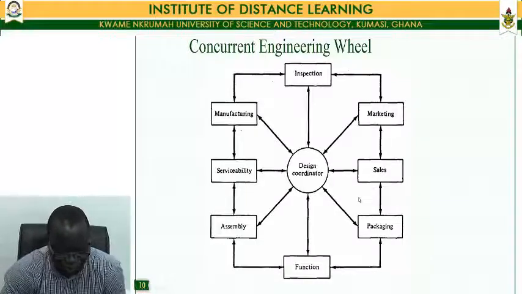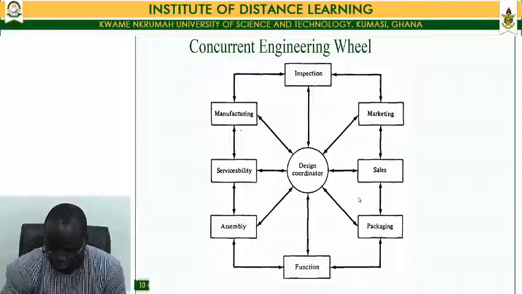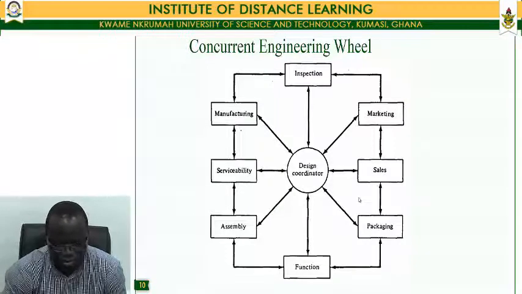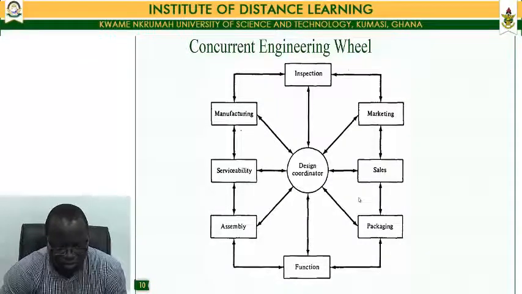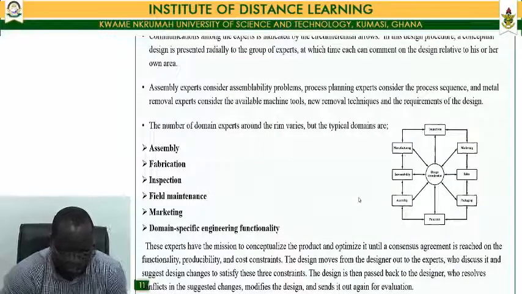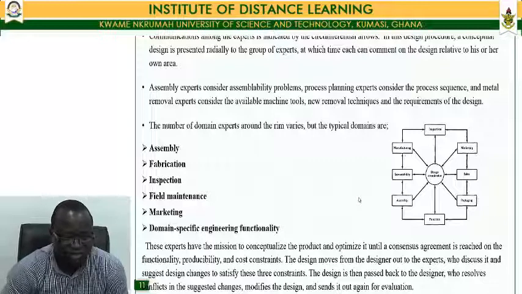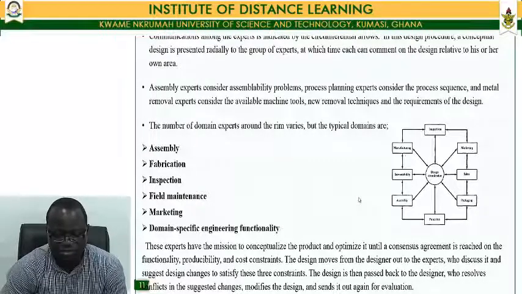Now, you have all this group in the concurrent engineering process. So what is happening is that you have communication among the experts, as you can see from the arrows. So there are a number of experts.